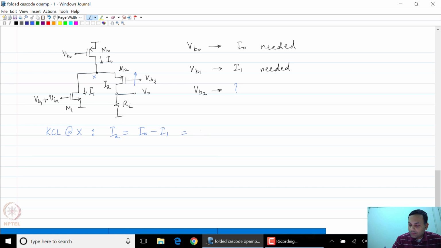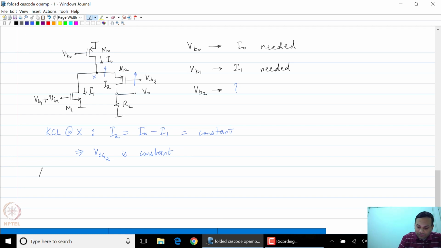Therefore, if I2 were constant, what this means is that the source-gate voltage of M2 stays constant, which means the voltage at node X starts increasing.